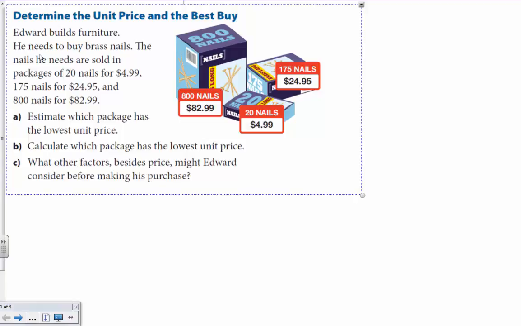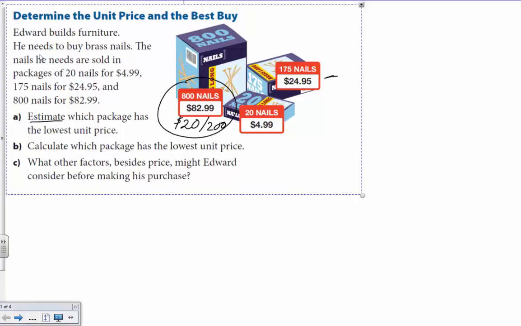Well, if you're going to estimate, you're doing an approximation. Well, this is roughly, if I were to divide this by 4, I'm going to get probably around $20, if I approximate this one per 200.